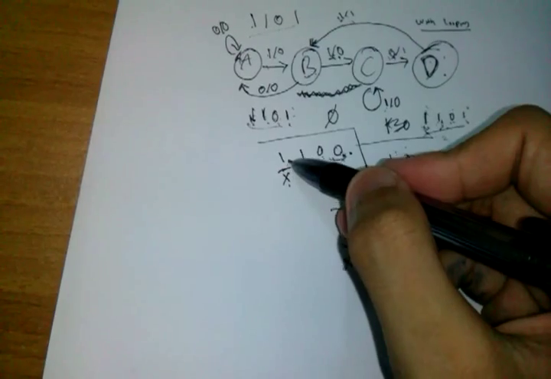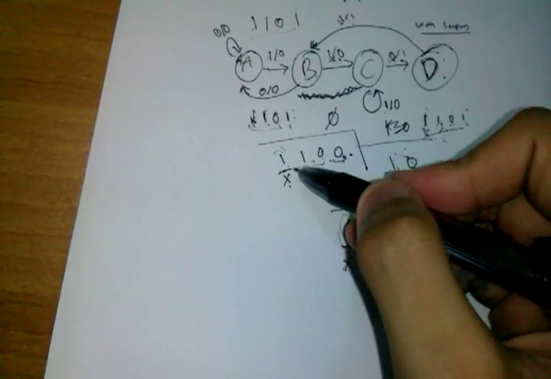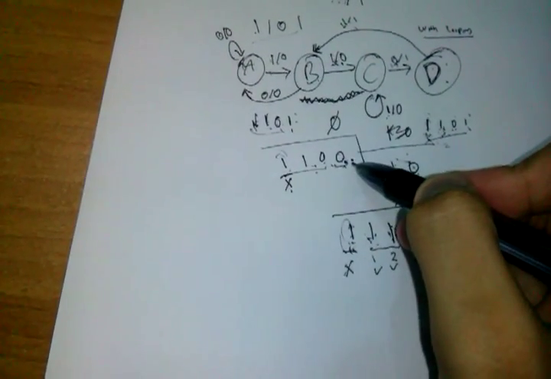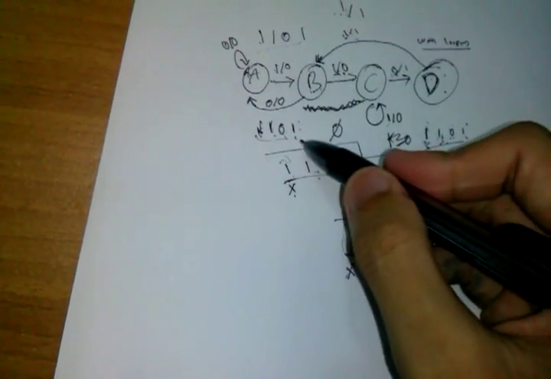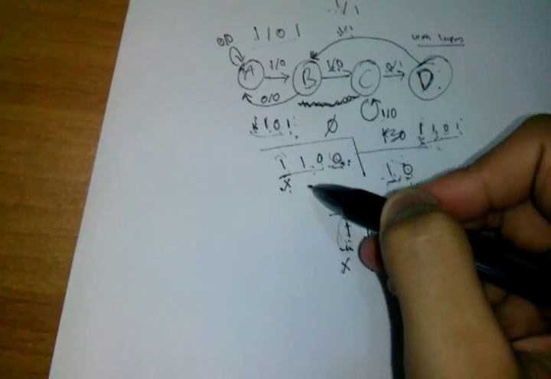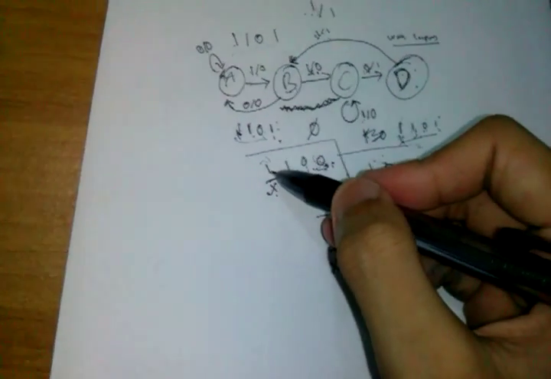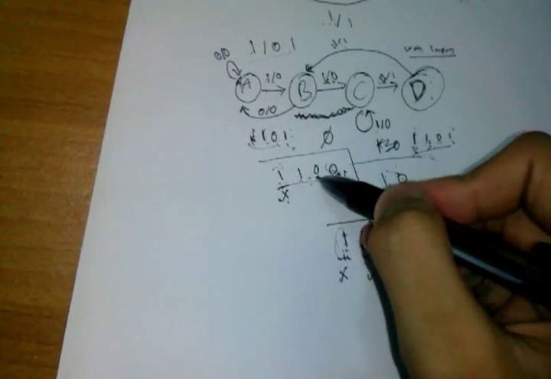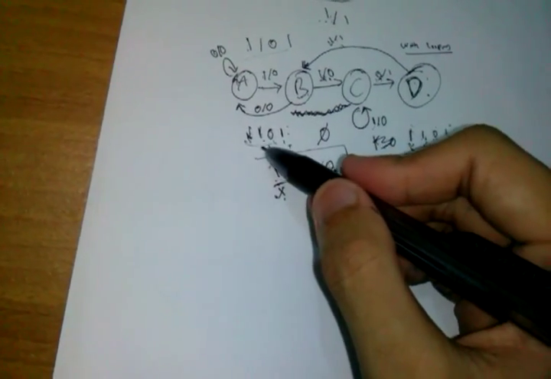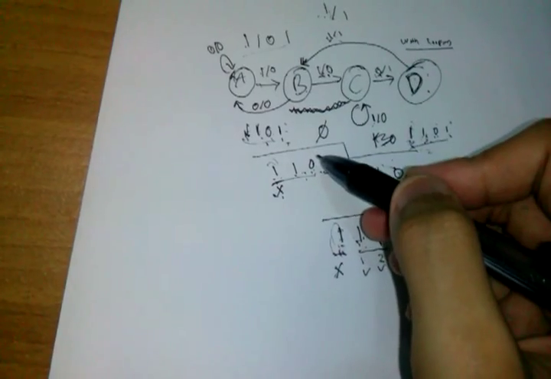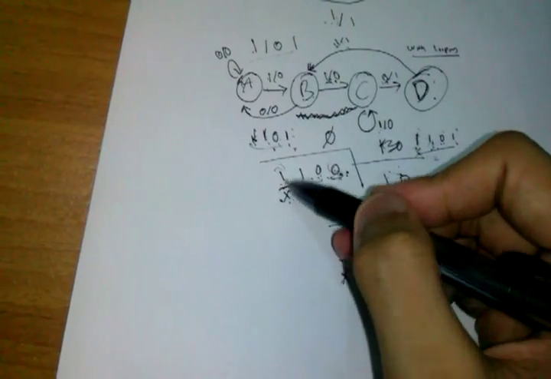The fourth digit is different from the pattern that we want to search, so that's why this one is wrong.